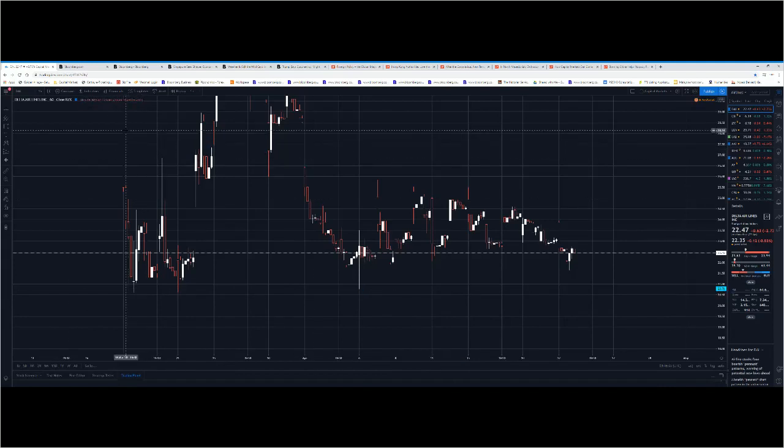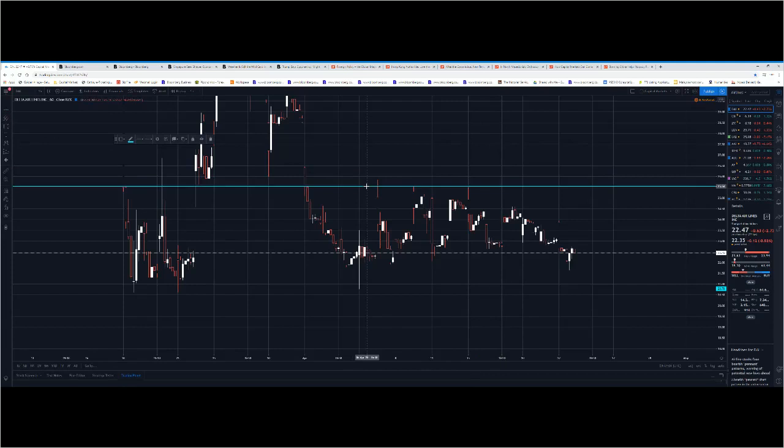A support level is where prices tend to bounce up when they touch that level. That's why it's called support. It's like the floor of a room. When you bounce a ball onto the floor of a room, it bounces back up. So imagine the balls are prices, and the floor itself is the support level. Now, the next thing you want to draw is the resistance level. Resistance level is around here.